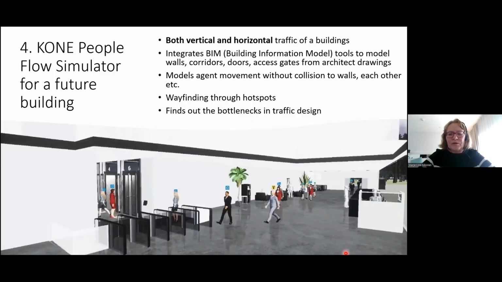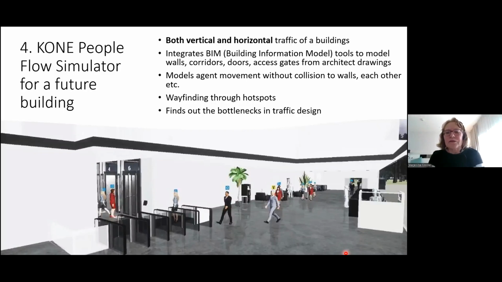People move horizontally in the plane, and they avoid colliding with walls or each other or access gates, and move from what we call one hotspot to another. So we define as hotspots, let's say, building doors, reception, access gate, elevator group.